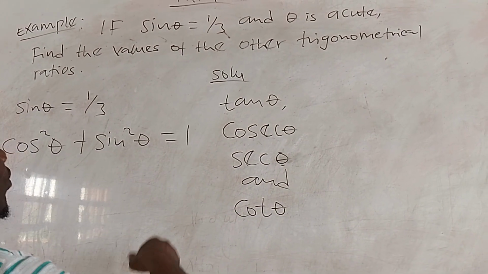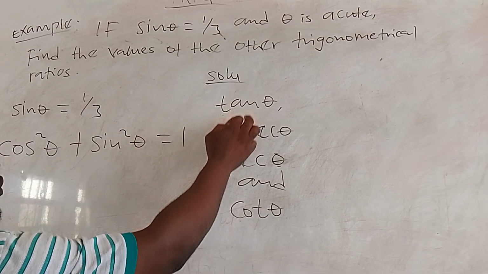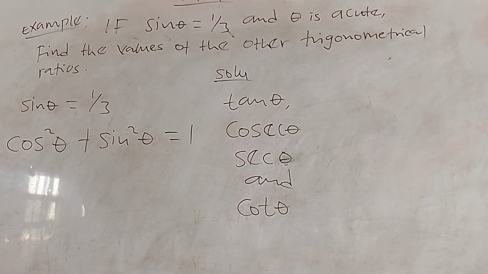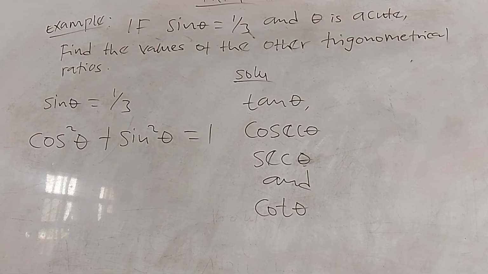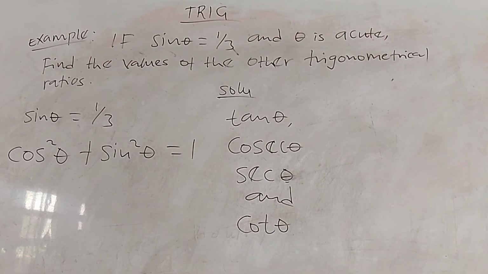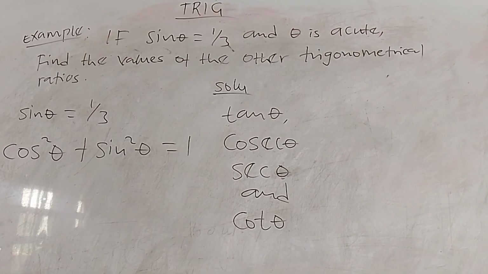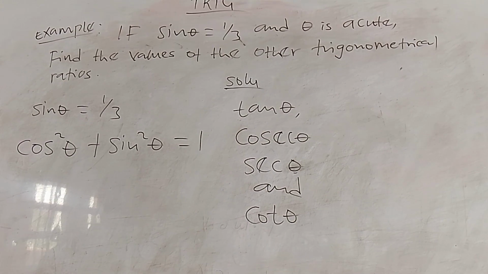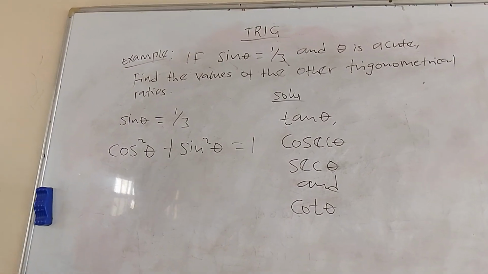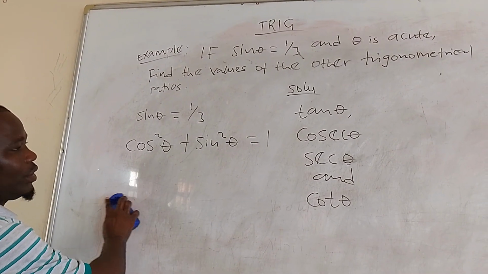It means we'll look for 1, 2, 3, 4, 5. It's simple as ABC, it's not difficult. I'm going to show you. Is that clear? Just listen very carefully.